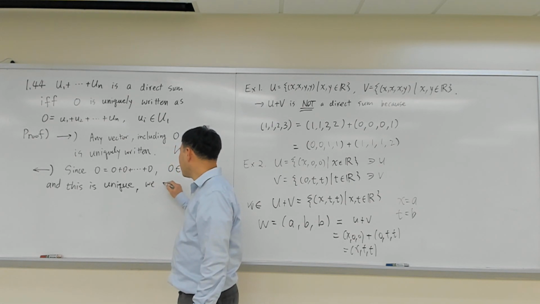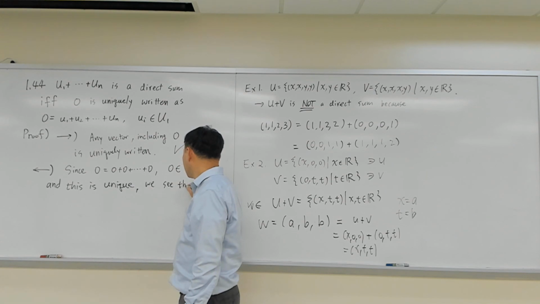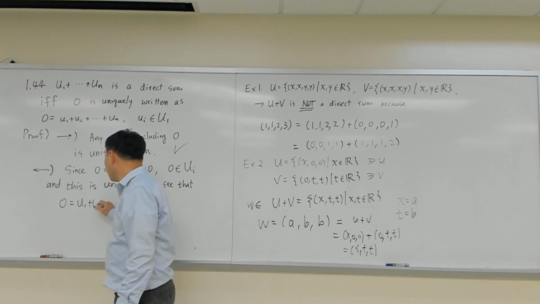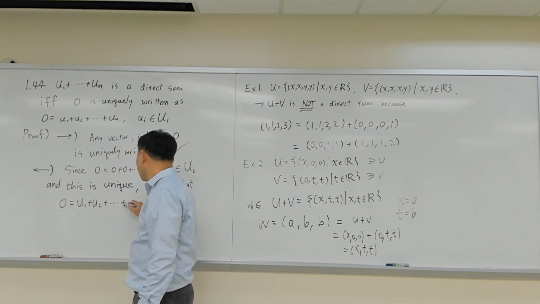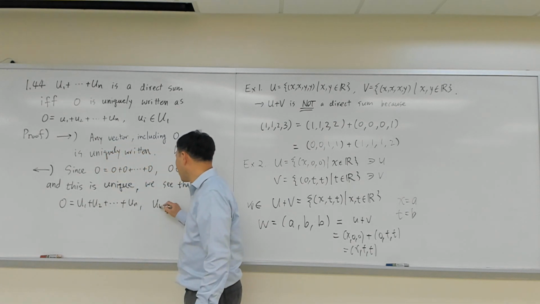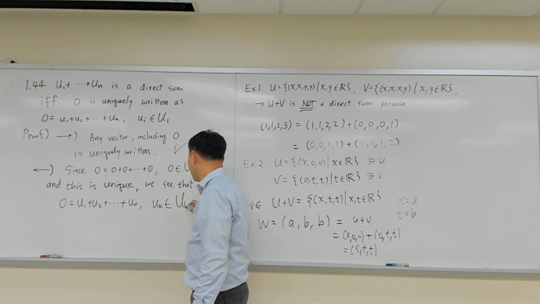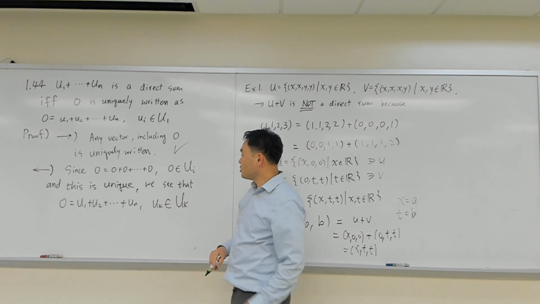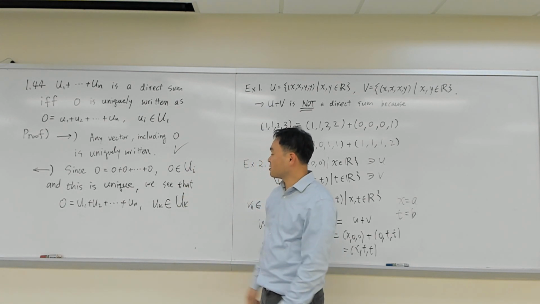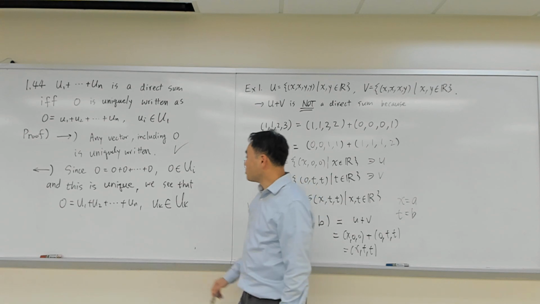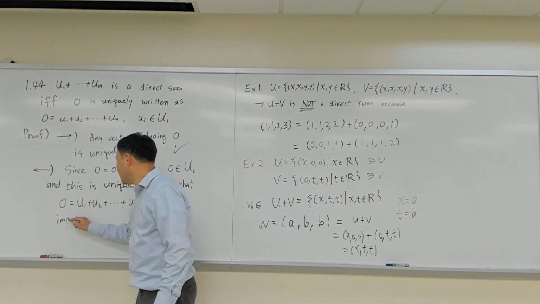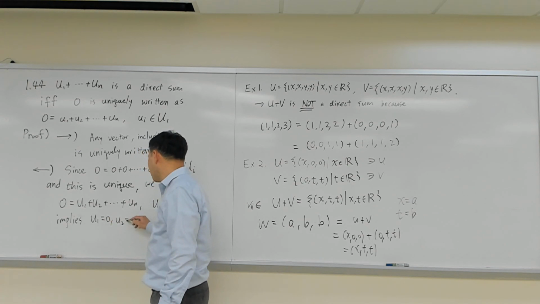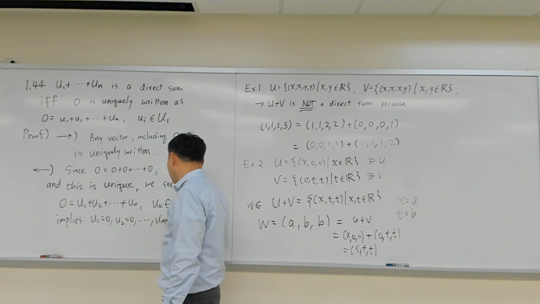We see that 0 equals u1 plus u2, ..., un with each uk in Uk, implies u1 is 0, u2 is 0, un is 0.